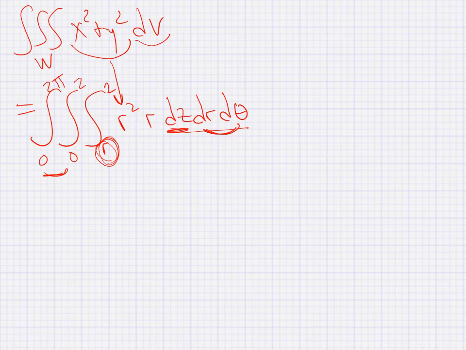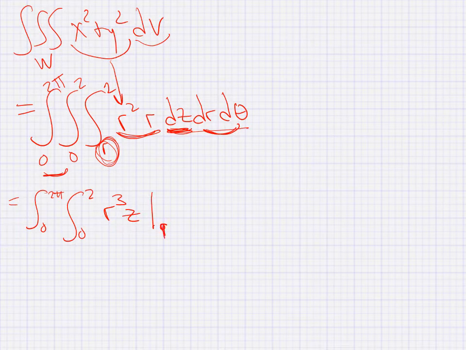So this is the integral we have to do. It's not a very difficult integral. It's easier than if we left it as is. And so we have the integral from 0 to 2 pi, that's going to sit there. 0 to 2, that's going to sit there. This is going to be r cubed. If we integrate that with respect to z, we're going to get r cubed z, where z went between r and 2. We still have to deal with dr and d theta.